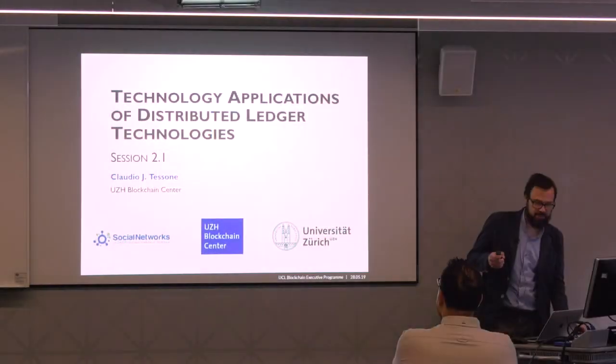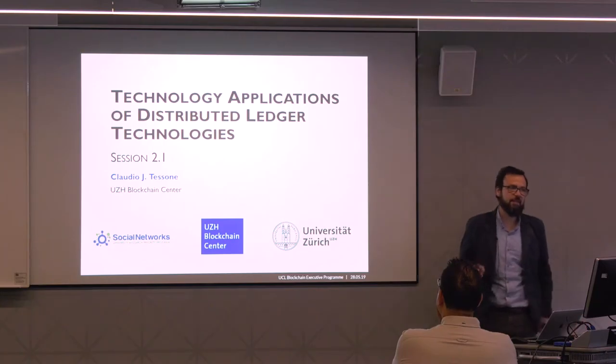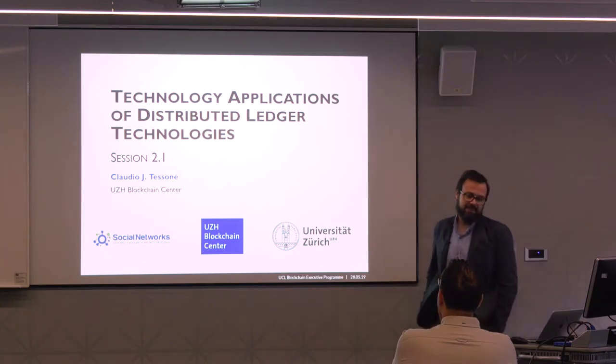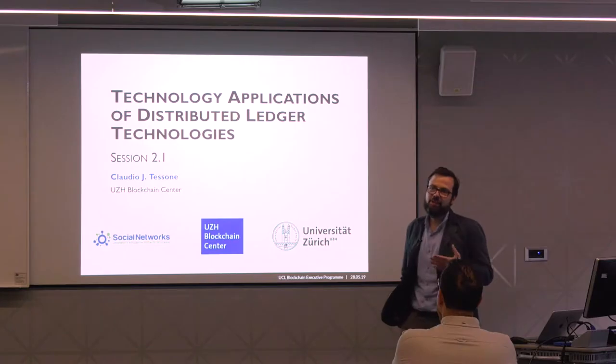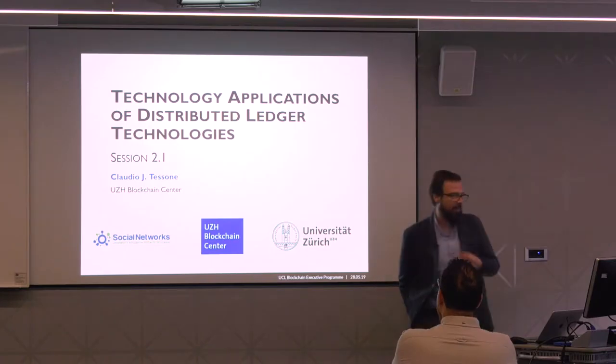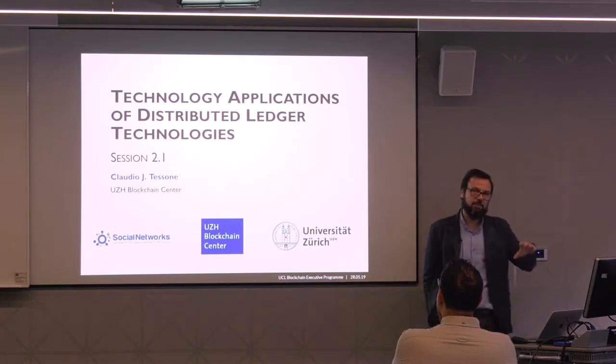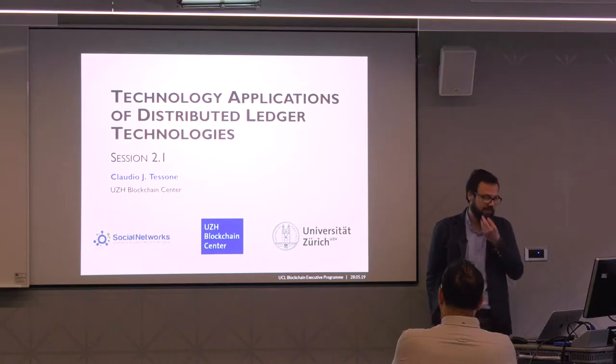Good evening, everybody. I'm going to present two things that are an overview of some of the technological aspects that involve blockchain-based systems, and some of the elements that allow transactions to occur inside of a blockchain, and in cryptocurrencies, for example.